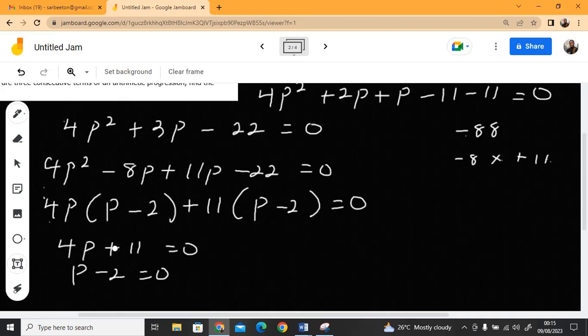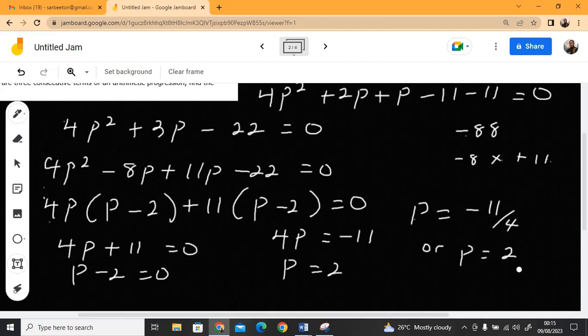So I can take this to the outside. So 4p equals to minus 11. Then p equals to 2. So I will divide both sides by 4. So it means my p equals to minus 11 over 4, or p equals to 2. So my values for p are minus 11 over 4 and 2. So this is it.